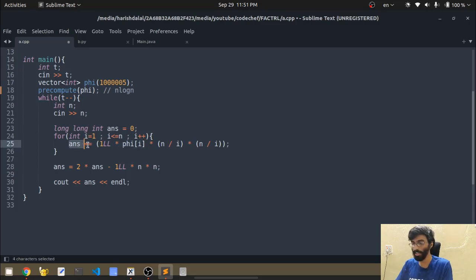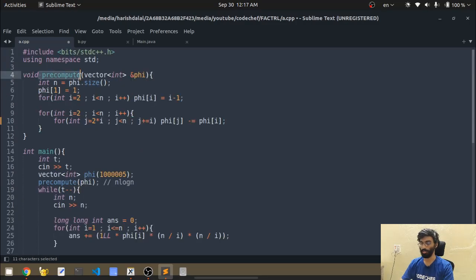So for every x it will be added to the answer, and finally our answer will be 2 times answer subtracted by n times n. So it will be 2 times the a greater than or equal to b count subtracted by the a equals b count, because we are considering a equals b twice, we have to subtract it at least one time to get a equals b only one time in our final answer, and finally printing out the final answer.